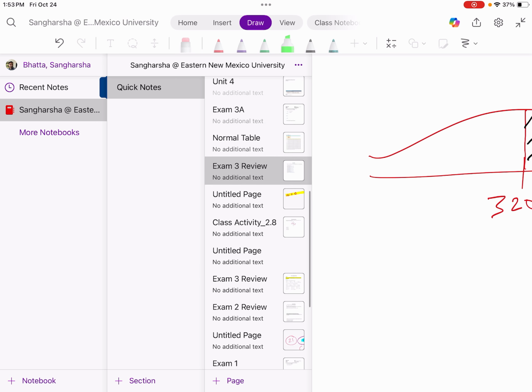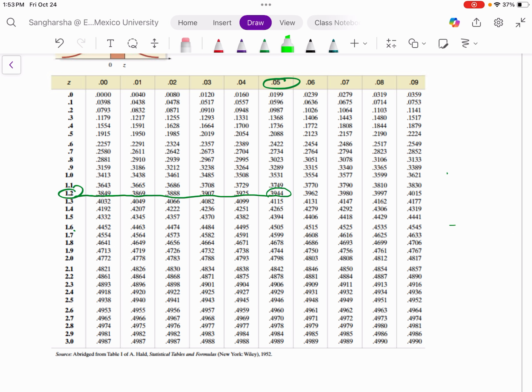If we go back to the normal table, we don't have 5.63 here, right? So what does that mean?